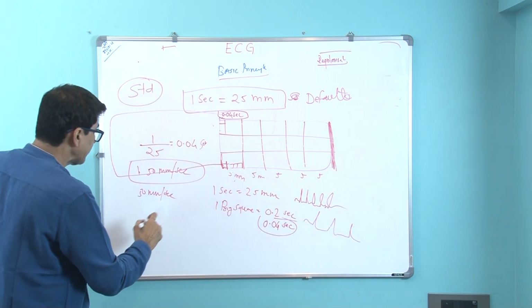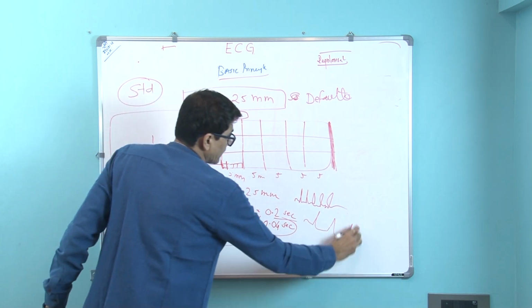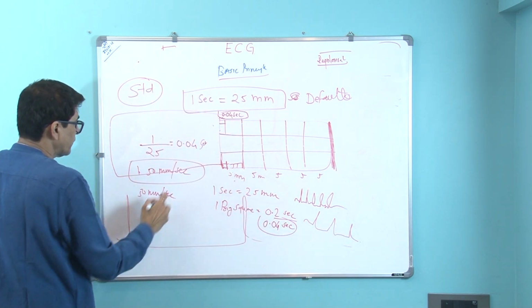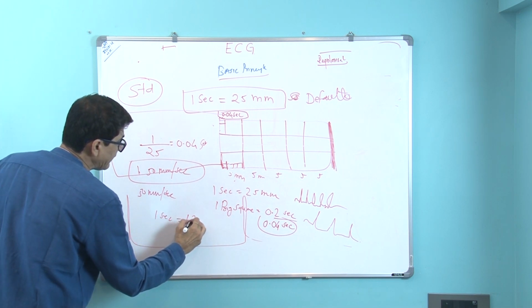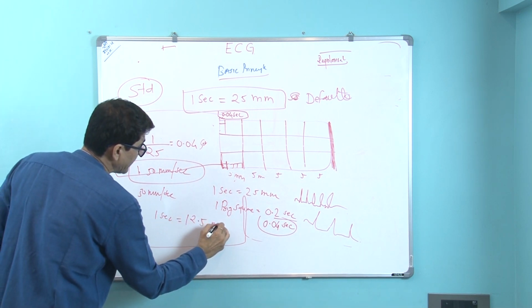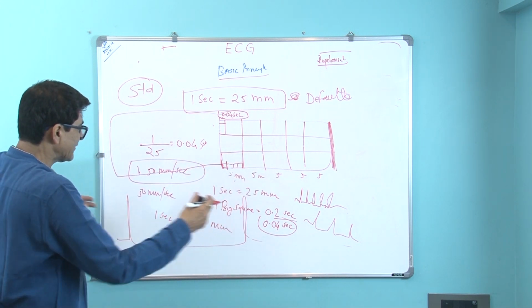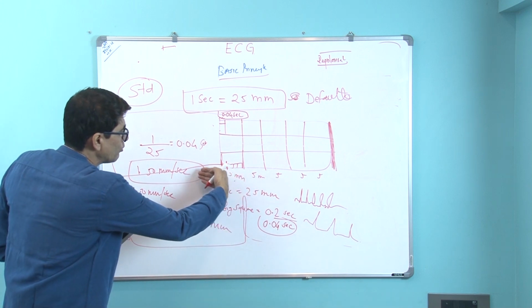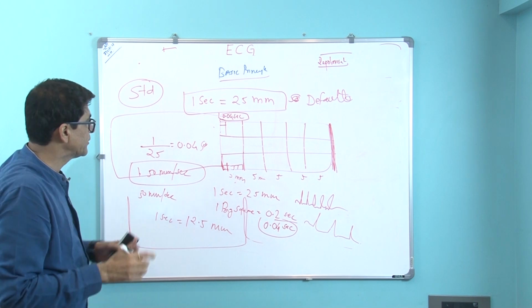Third thing, if the patient's heart rate is very slow, you do 1 second equal to 12.5 millimeter. So it is half of the default 25. The paper will come out very slowly, and the patient's complexes will be near to each other.